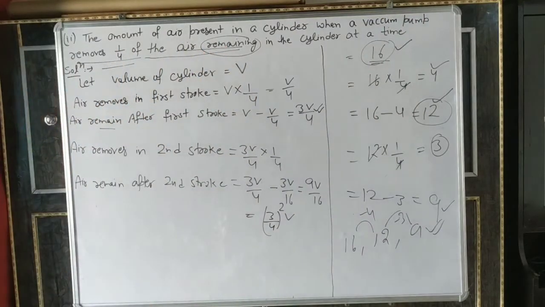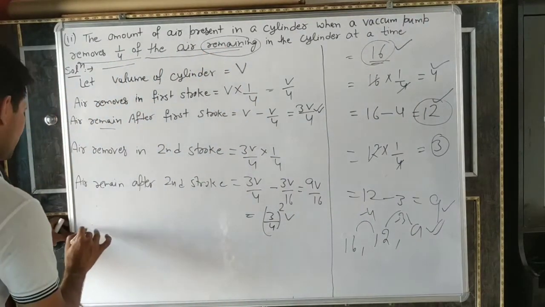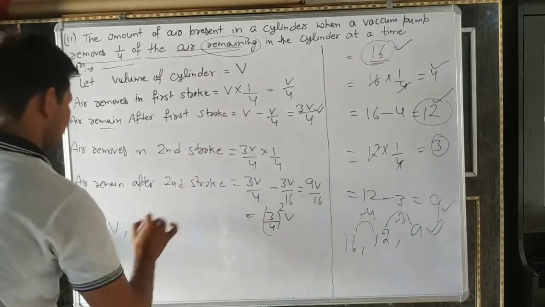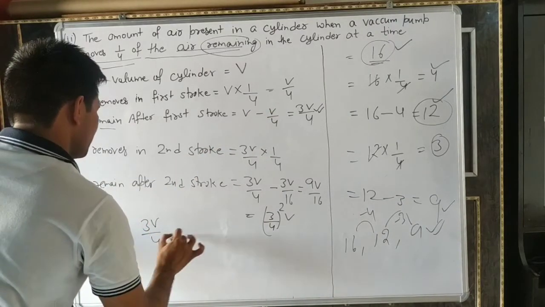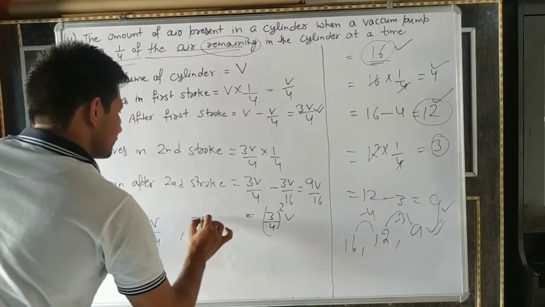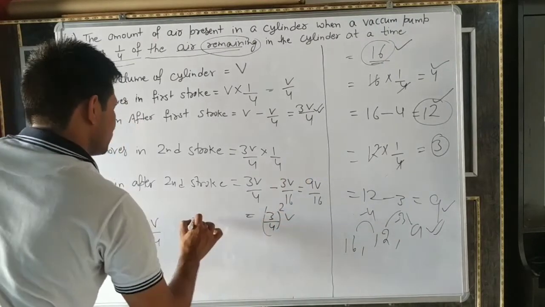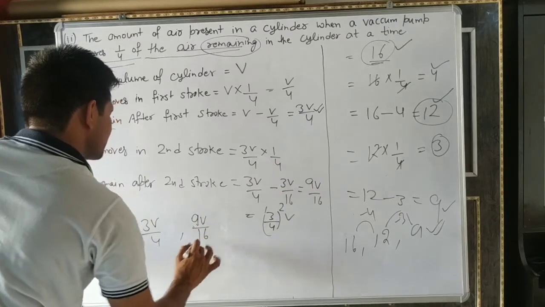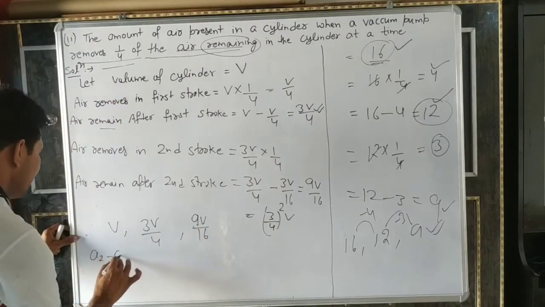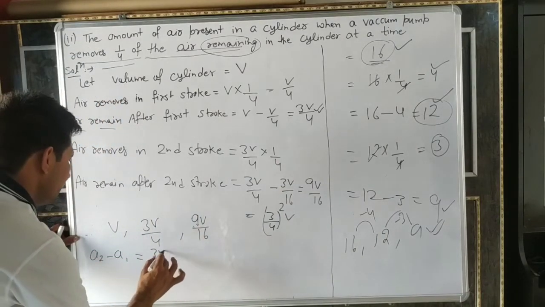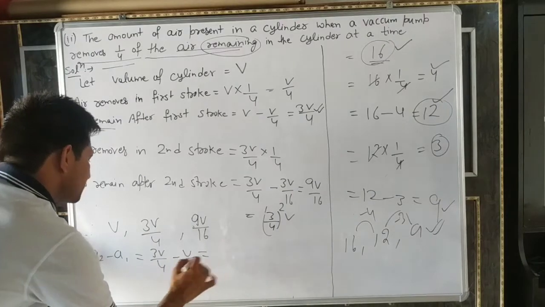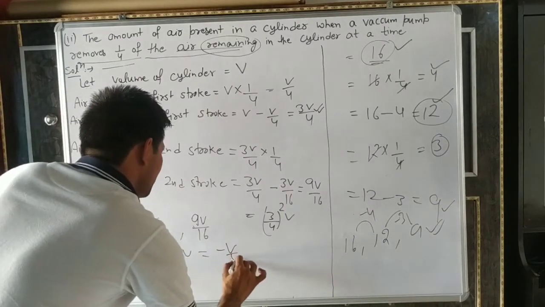So you will write: V, next 3V upon 4, next 3 upon 4 squared V, otherwise you can write 9V upon 16. So you will write A2 minus A1: 3V divided by 4 minus V. How much does it become? Minus V upon 4.